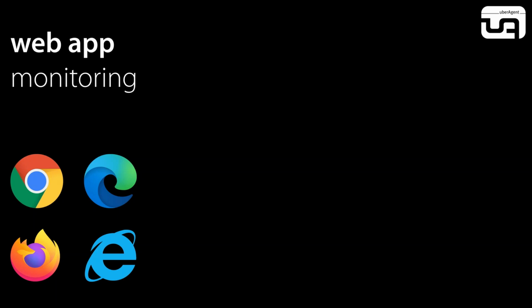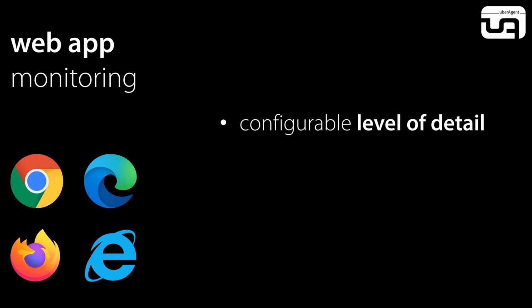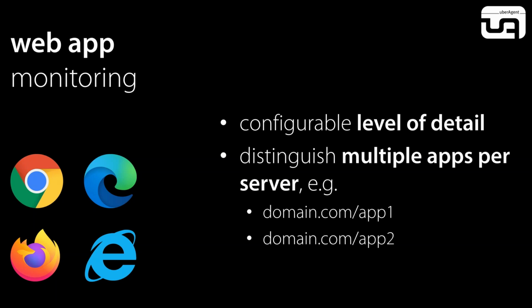Customers have been telling us they want to be able to differentiate between the two, and it makes a lot of sense. So what we've added is basically a configurable level of detail, which allows you to distinguish between this scenario. You have, as I mentioned, a certain domain or URL, and you have two different apps in subdirectories, more or less, in different parts of the path.